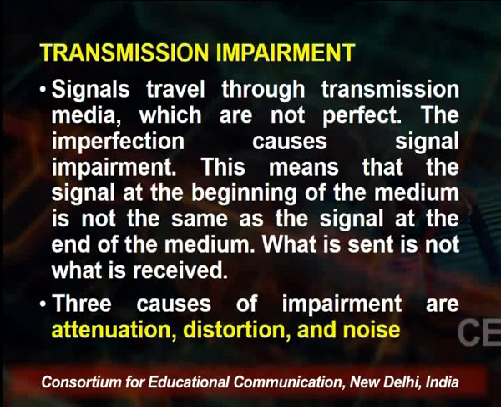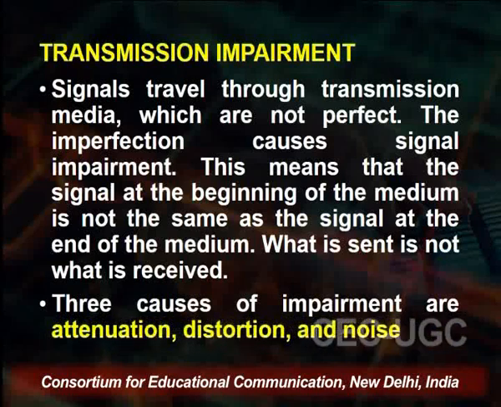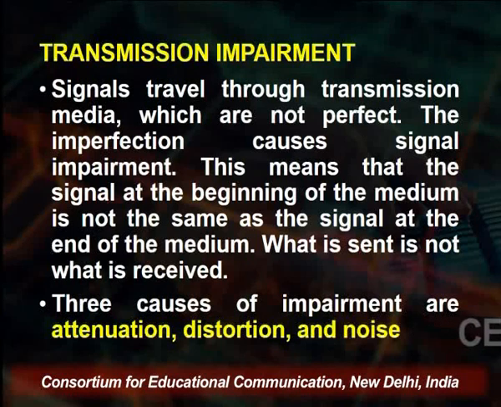None of the transmission media are perfect, they have their imperfections, and because of these imperfections or issues in the medium or channel, something called signal impairment happens.